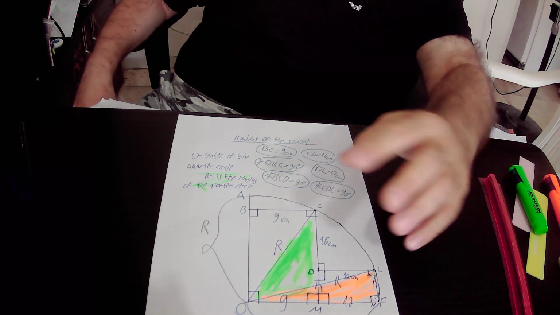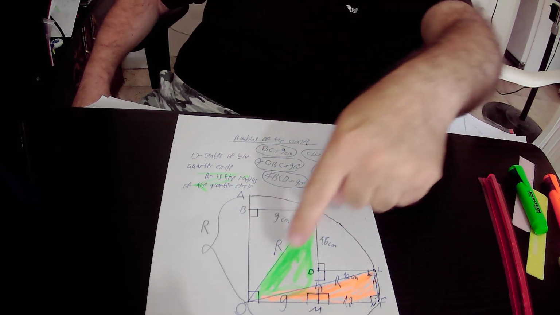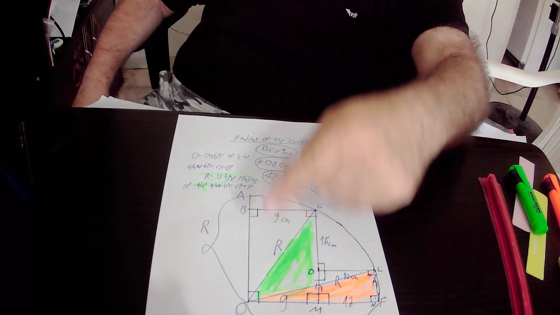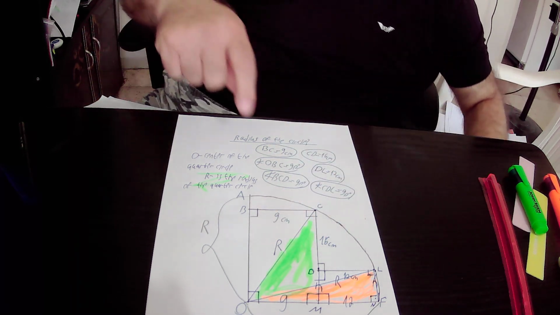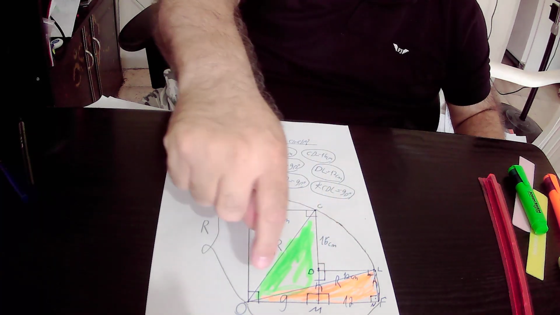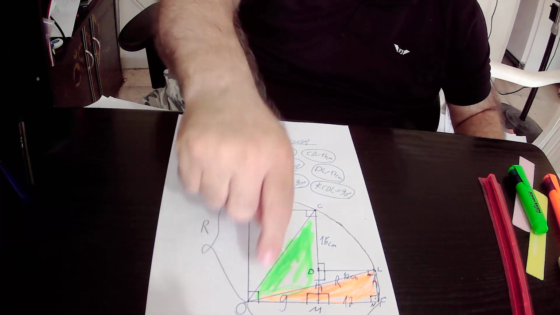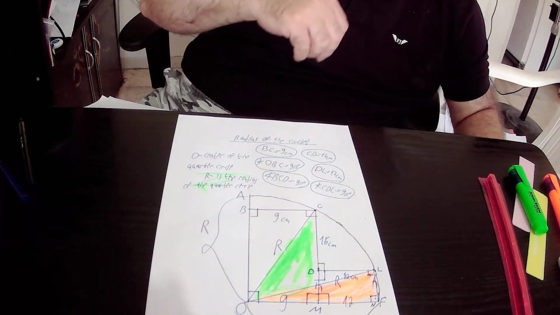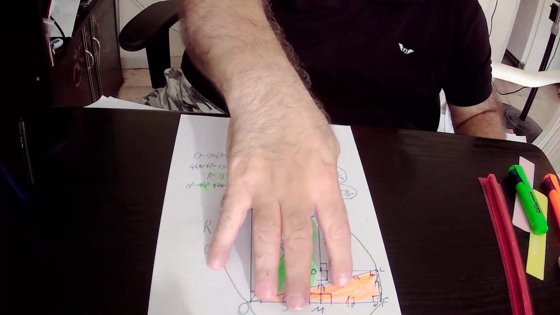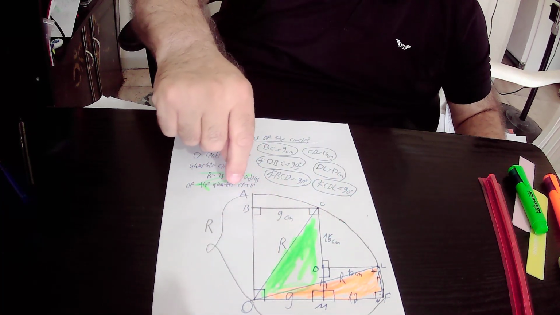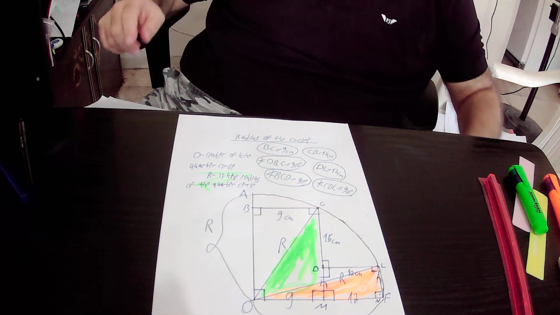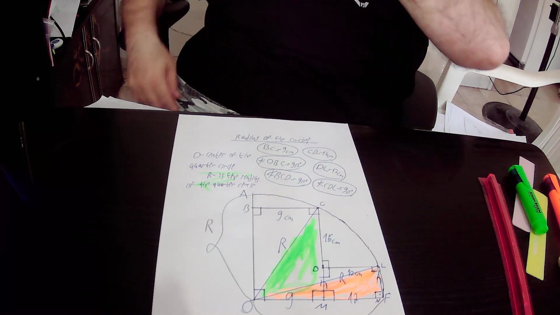So because this is a quarter circle, it means that point O is the center of the quarter circle. And also this angle BOF equals 90 degrees. And the first thing that we can conclude from the fact that this is a quarter circle is that side AO equals side OF, and they are both the radii of this quarter circle.